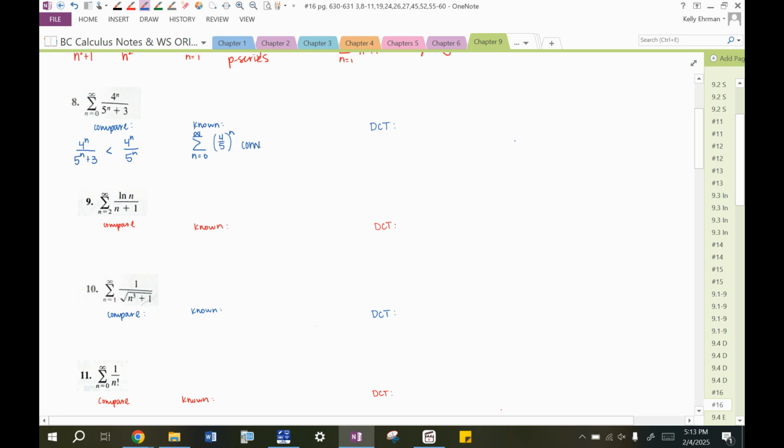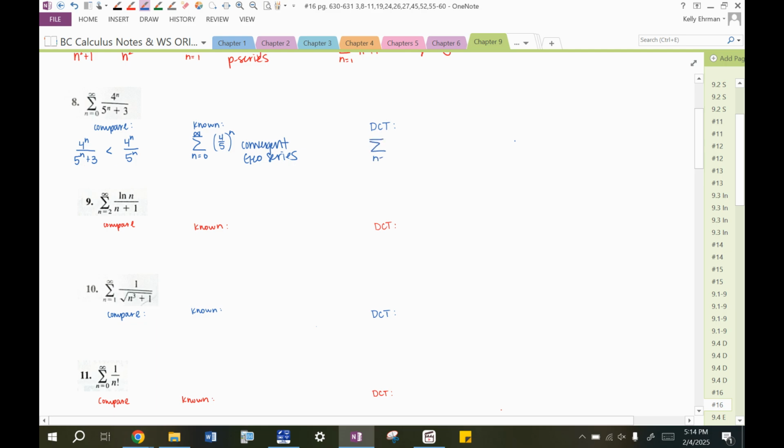This is a convergent geometric series because r is less than 1. And again, the series on top is converging, so the one that's decreasing even faster will also converge.